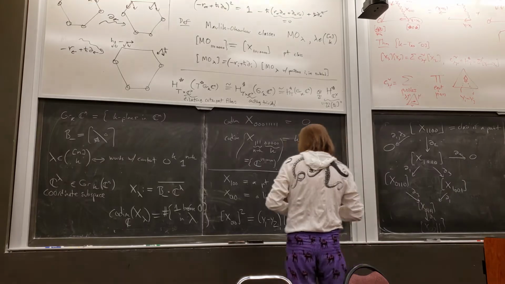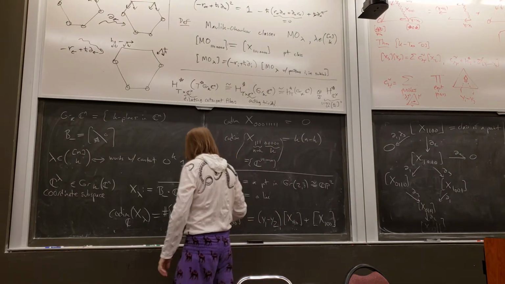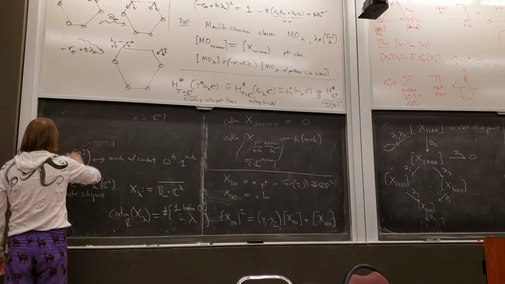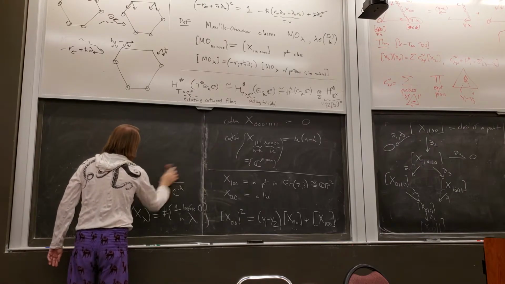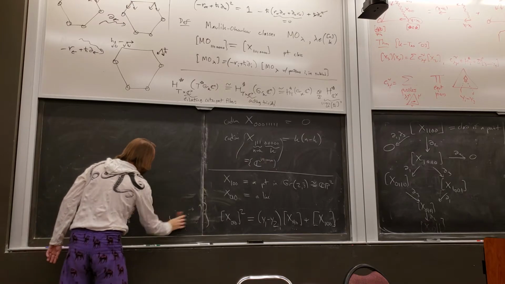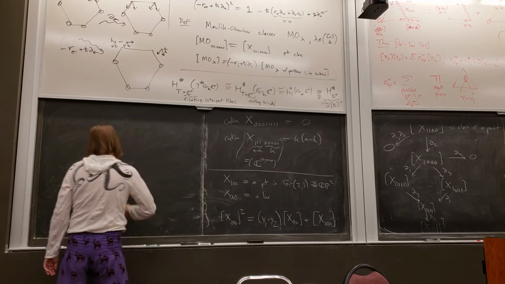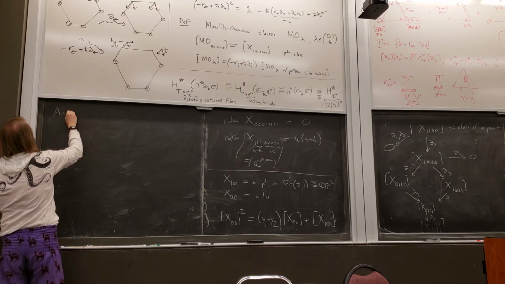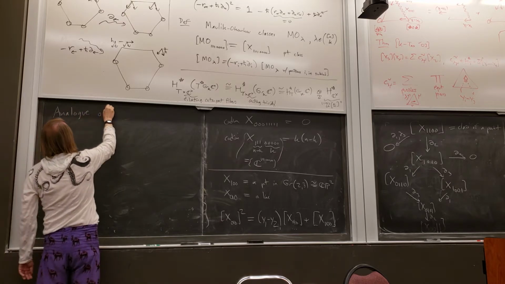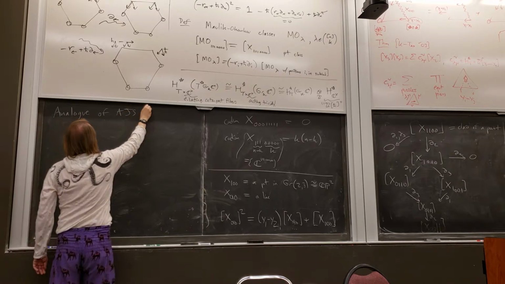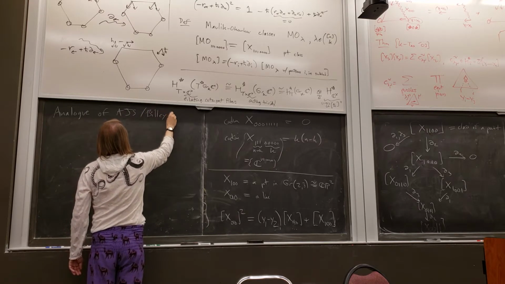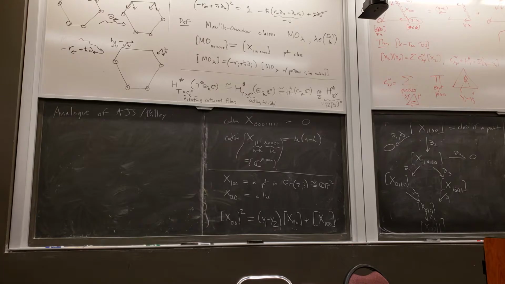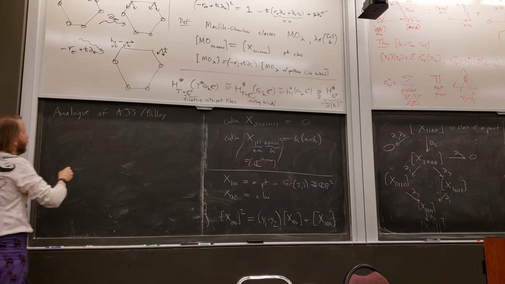So one thing I will tell you really quickly is what the analog is of the AJS Billey formula for restrictions of these classes. I'll tell you this for the corresponding things on the flag variety instead of on the Grassmannian.